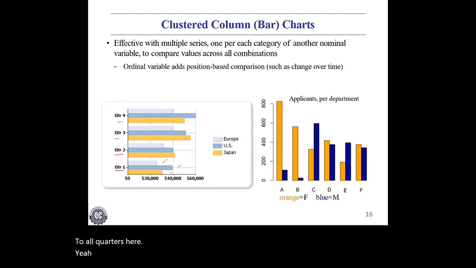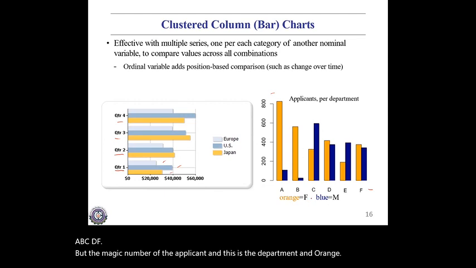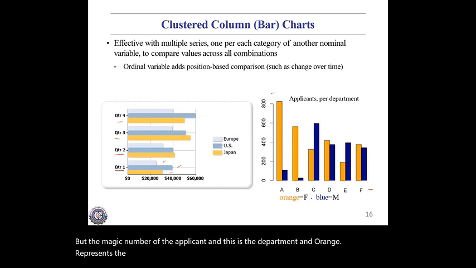This is another example, the applicants per department: A, B, C, D, E, F. The vertical axis is the number of applicants, and this is the department. Orange represents female, and blue represents male.